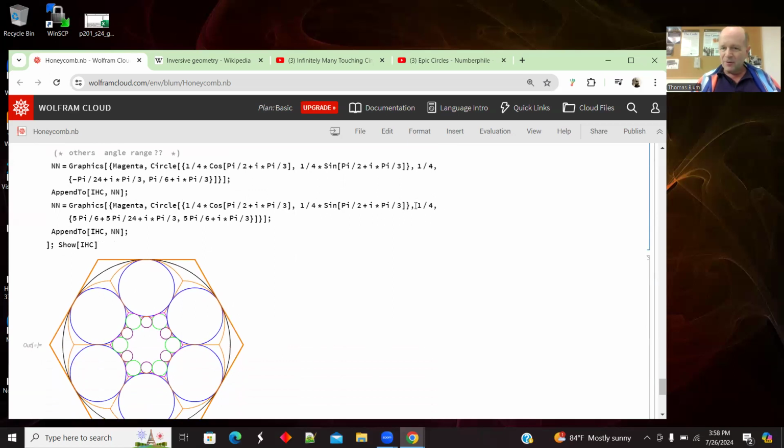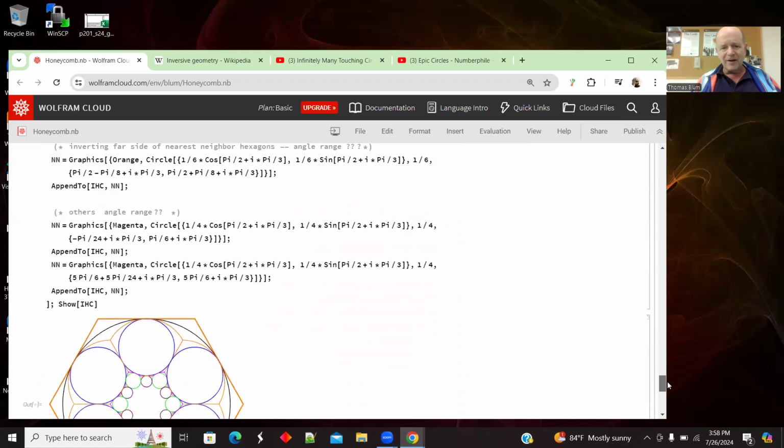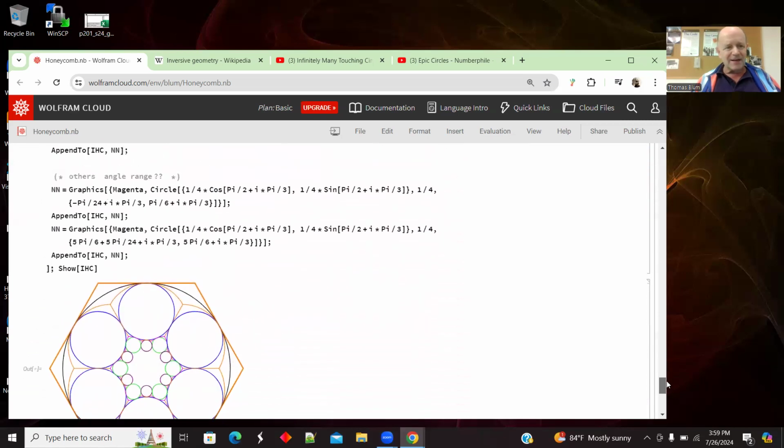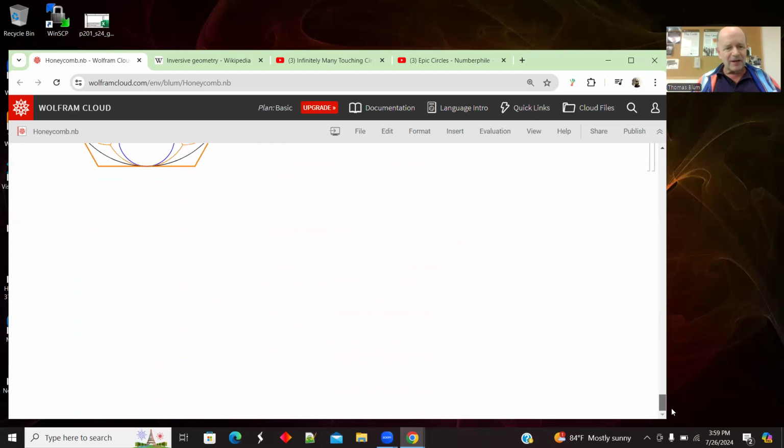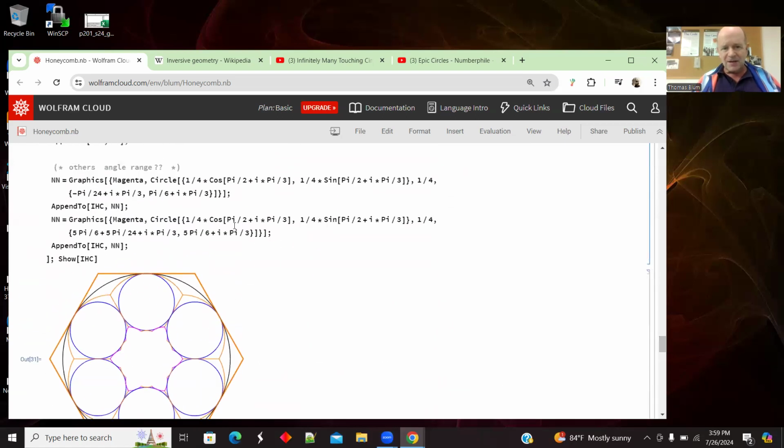And so here are my magenta circles. And the radii are always nice. Finding the center is quasi-challenging, finding the radii is really simple. It is the centers that are sometimes challenging because of the angles.